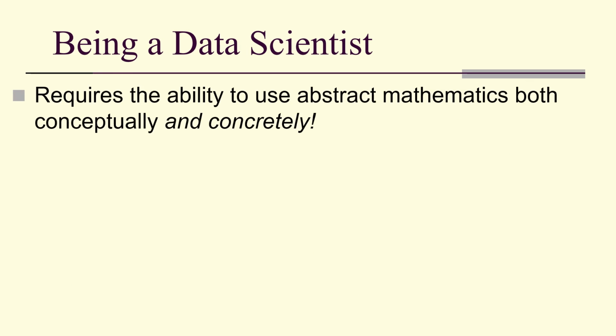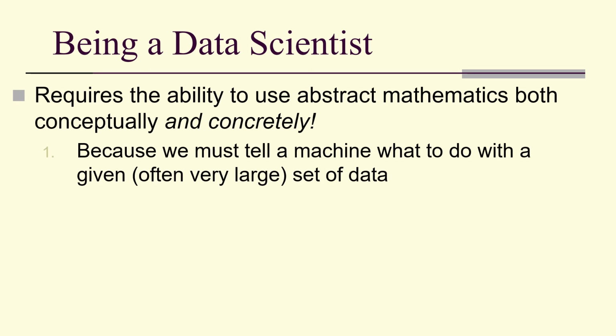So being a data scientist, what does it actually mean? Well, you have to be able to use abstract mathematics both conceptually and concretely. So you have to tell a machine what to do with a very large set of data. You can't think of that data concretely. It's too big. You have to think of this very concrete and very tangible set of data, but you still have to think about it abstractly because it's so large and complex.